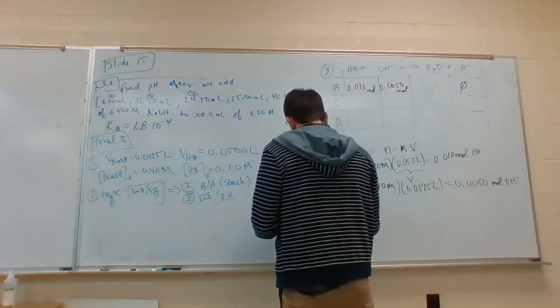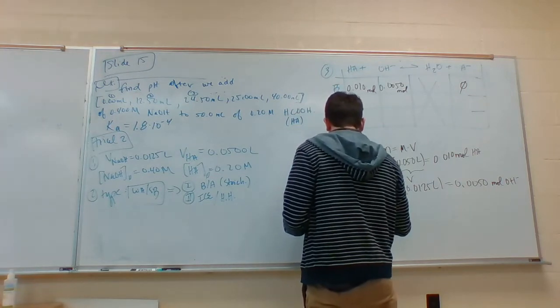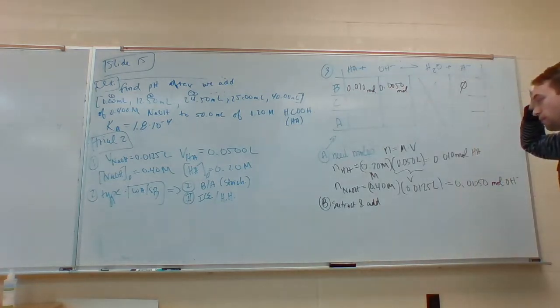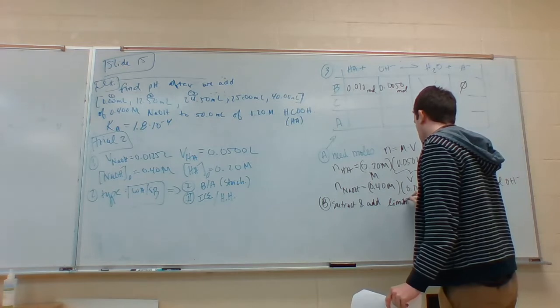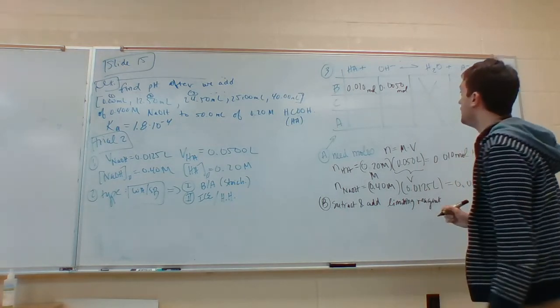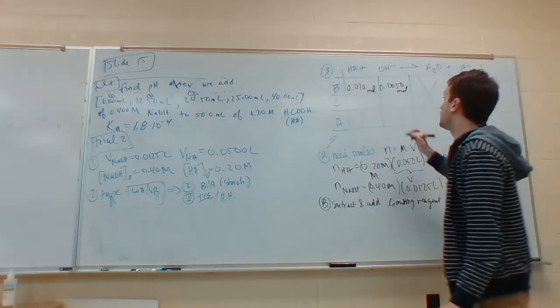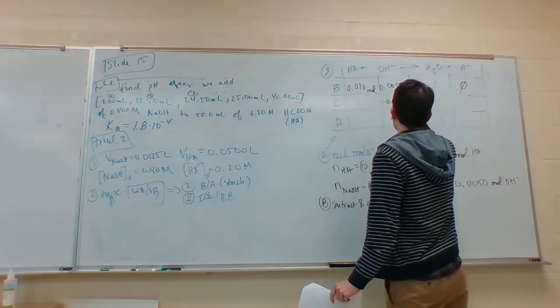Then step B is to subtract and add, depending on our limiting reagent. Okay, so which one is limiting? It's going to be the smaller of the two, which is the 0.0050 moles.